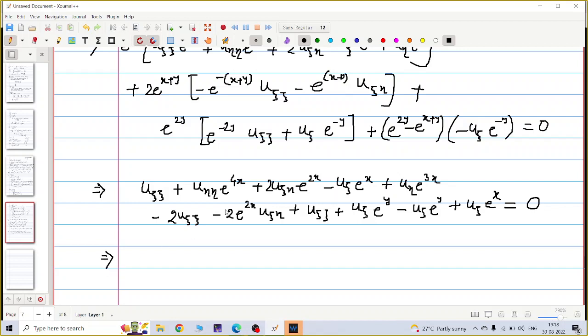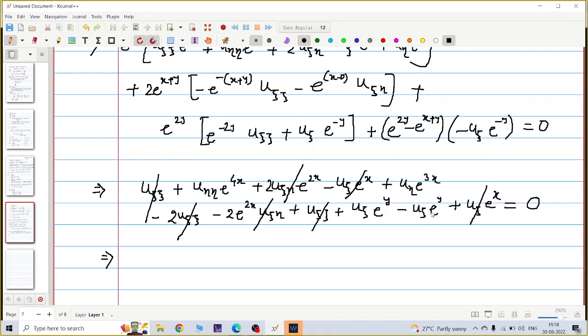Yes, sir. So now check which terms cancel out first. u_xi xi, u_xi xi, 2 u_xi xi. These cancel out. Here is one u_xi xi, here is another u_xi xi, and here is minus 2 u_xi xi. So this cancels out. Now u_xi eta, this and this cancel out. Okay? Now u_xi e power x, u_xi e power x, u_xi e power x cancel out.